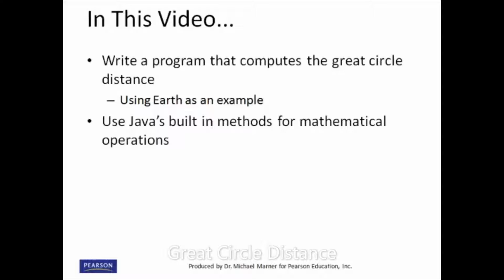Well, if you imagine a sphere, and you want to calculate the distance between 2 points on this sphere, here's point 1 and here's point 2. Now you could use your regular trigonometric functions to calculate a distance between these 2 points.